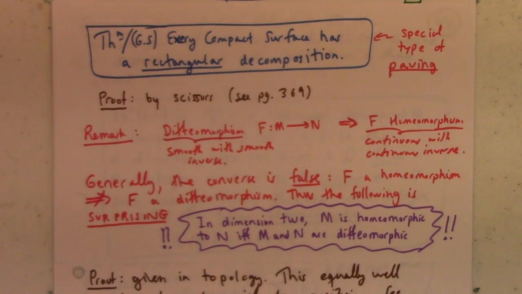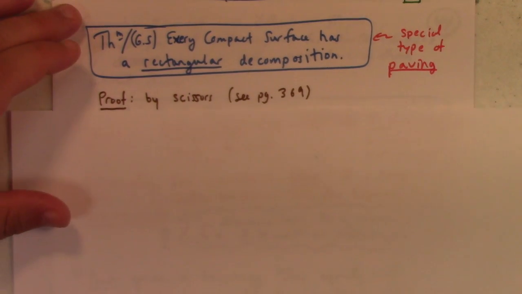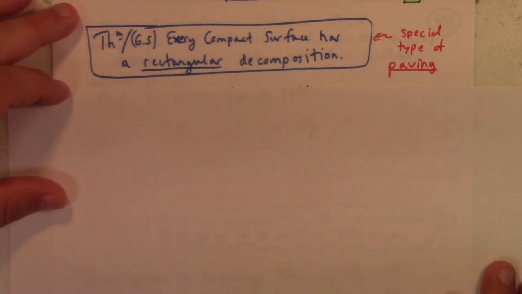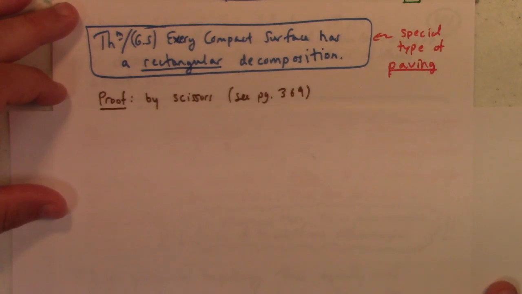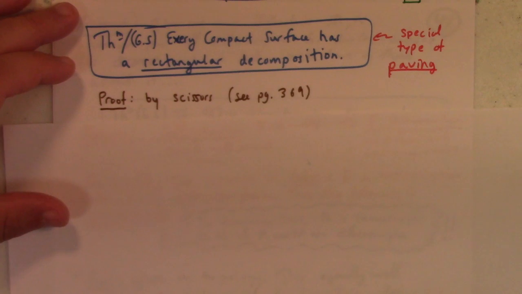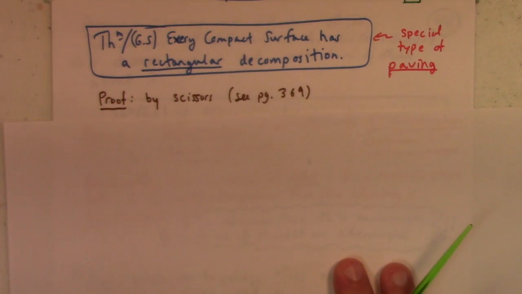Anyway, stupid jokes aside, every compact surface has a rectangular decomposition. This is a special kind of paving, of course. Now, the proof is by scissors on page 369. The more serious answer is some of these triangularizations or rectangularizations are established in deeper books on topology.